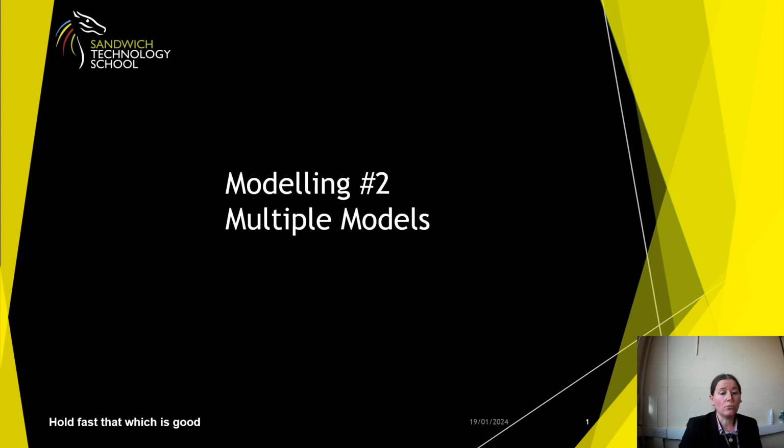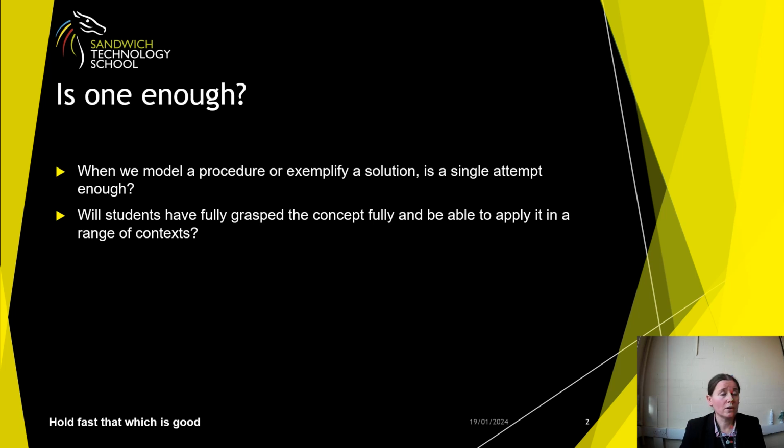It's another one in our modelling series where we're going to be having a look at the concept of multiple models. So the first question is, we all know about modelling, we all hopefully use it in our lessons, but how often do we just go for that one model and think one's enough? Is that single attempt really enough to embed that idea within the students?